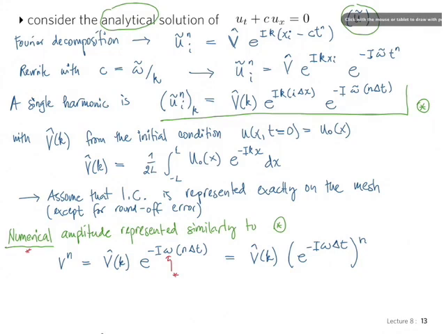Now, if you recall from the physics of plane waves, for plane waves, this expression, omega as a function of k, is called a dispersion relation. You might recall this.